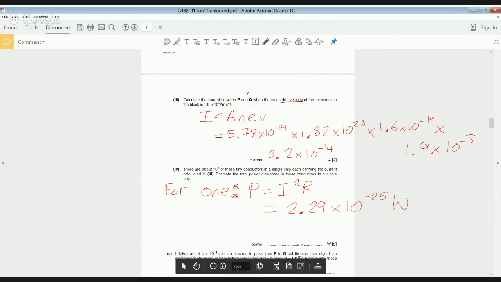And now we need to multiply that by 10 to the power of 9, which will give us a total power consumption of 2.29 times 10 to the minus 16.